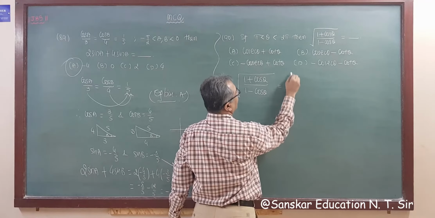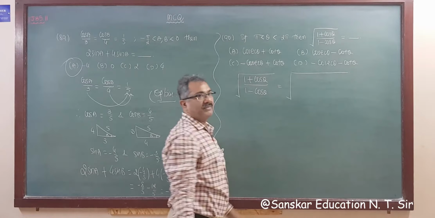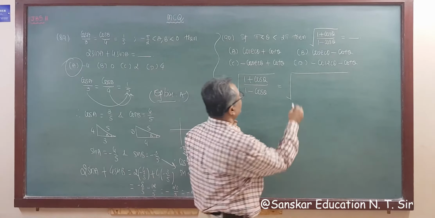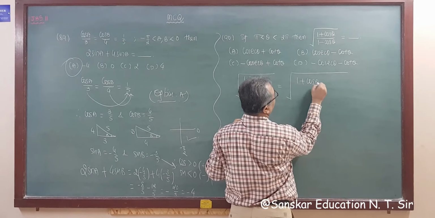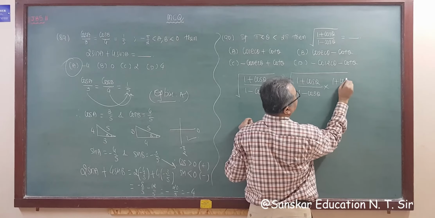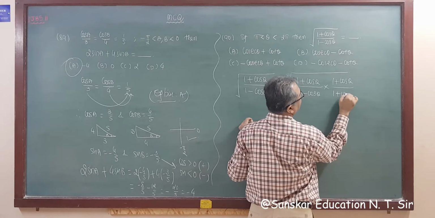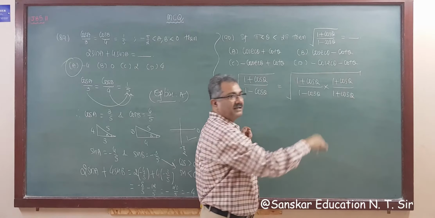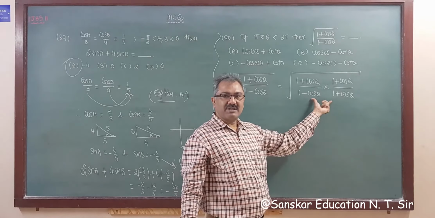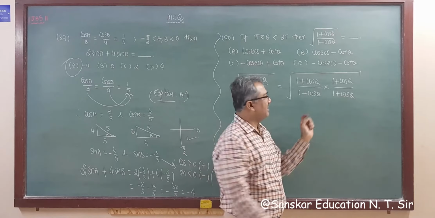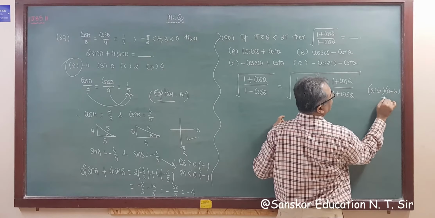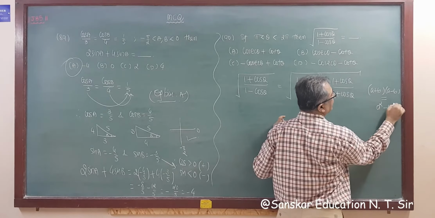Now I am rationalizing this, multiplying by 1 plus cos theta upon 1 plus cos theta. So this is 1 plus cos theta whole square upon 1 minus cos square theta, using A plus B, A minus B, whose answer is A square minus B square.